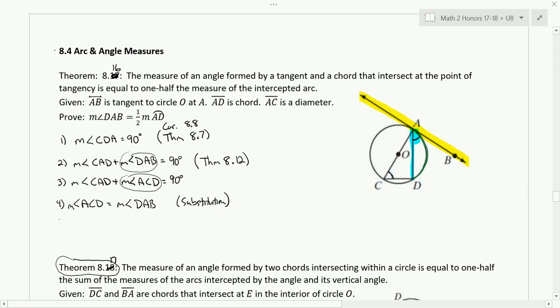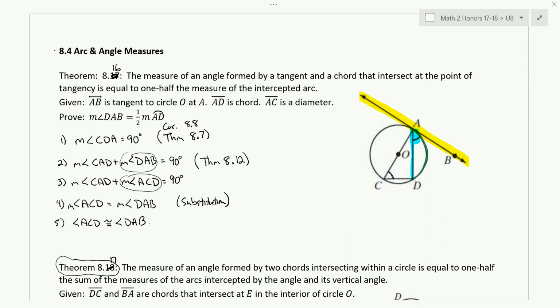Because the measures are the same, we could say that the angles are congruent. They're congruent by definition of what congruence means. If you have two congruent angles, that means the measures are equal.